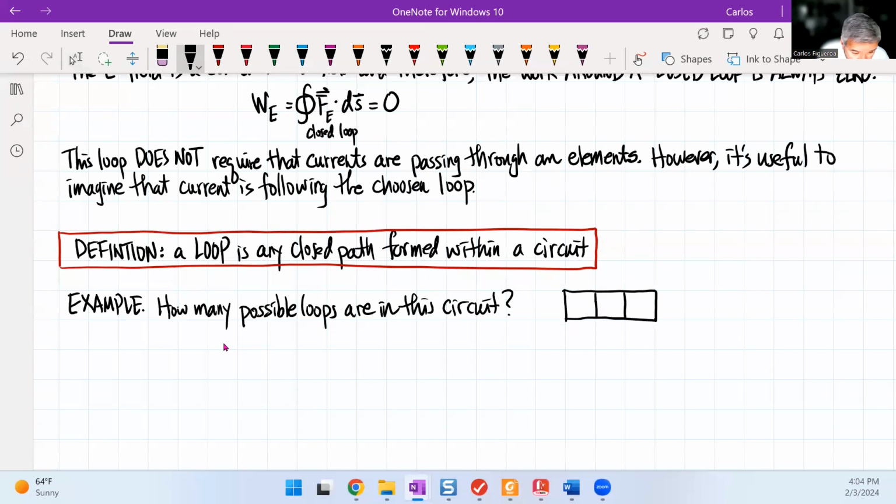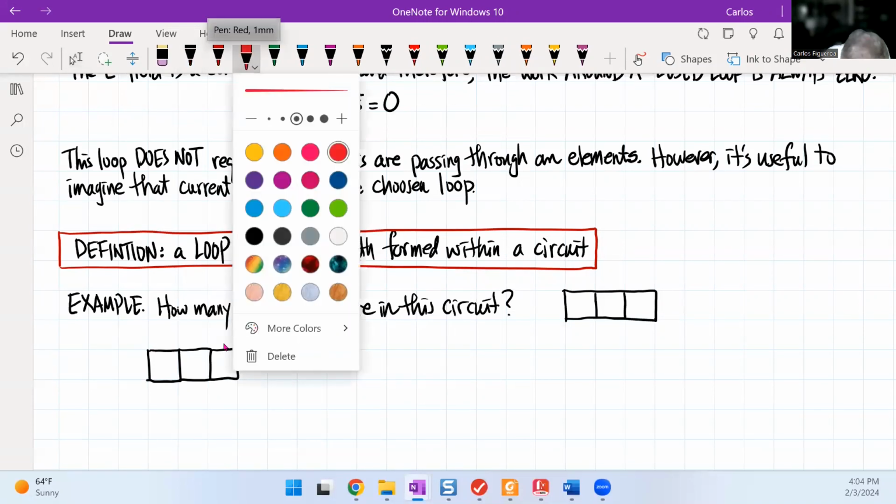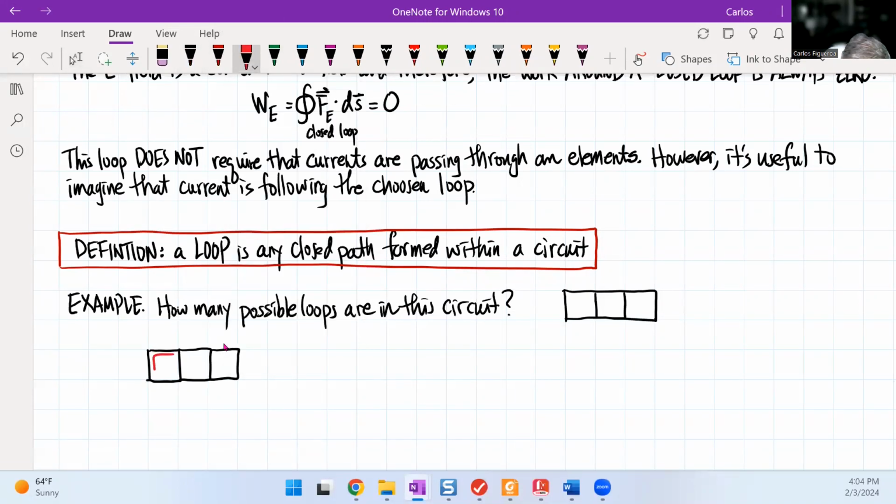Well, let's count the loops. So let's imagine that I have this. So let's start color coding these loops, just like we did with the nodes. So you can see that there's a possible path that looks like this. I'm going to call that 1. I'm going to call this loop 2. And then this one I could also include, so that's 3 possible loops.